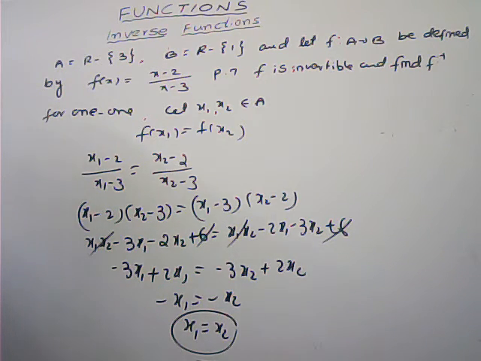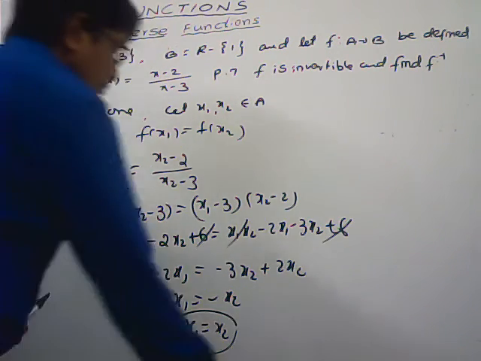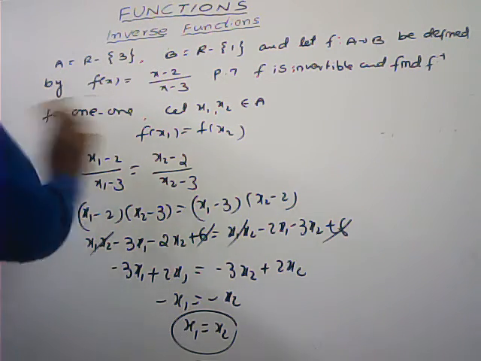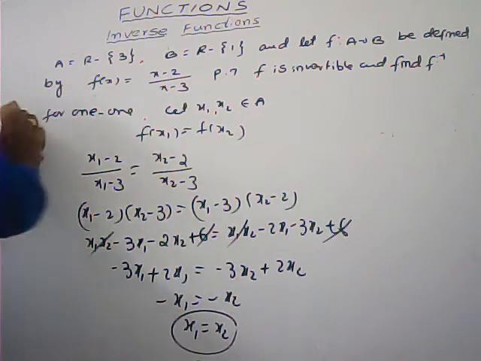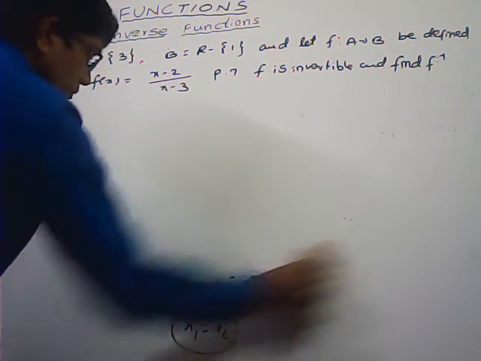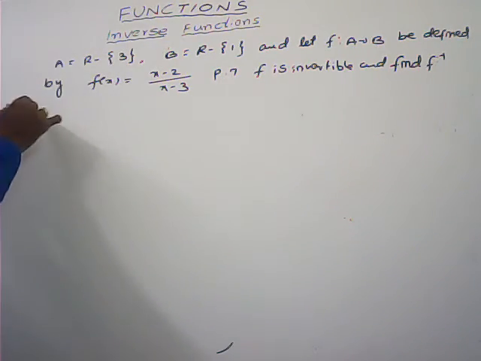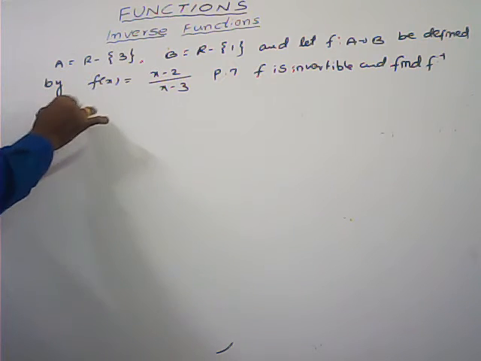Now we have to verify that the given function satisfying onto or not. This is for 1, 1. For onto, the same procedure.